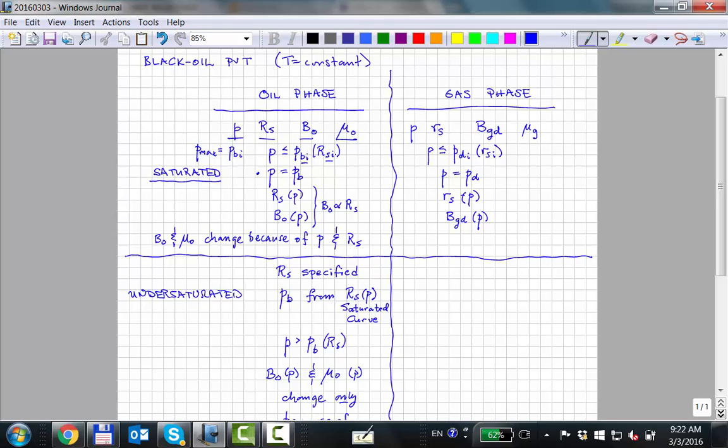So that's what I mean by this PBI. Now, it's a little outside the scope of this course, but we may create saturated black oil tables that exceed the bubble point of the highest bubble point in your system. It has to do with solving these equations in the reservoir, in the production pipe, or in the surface.